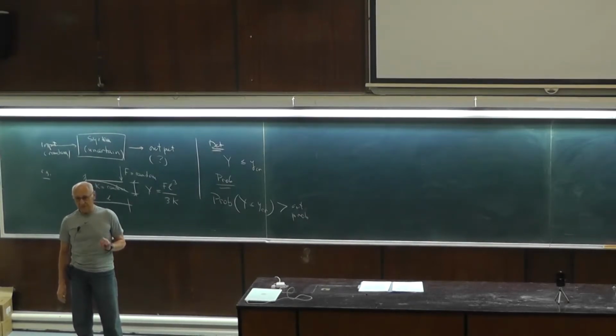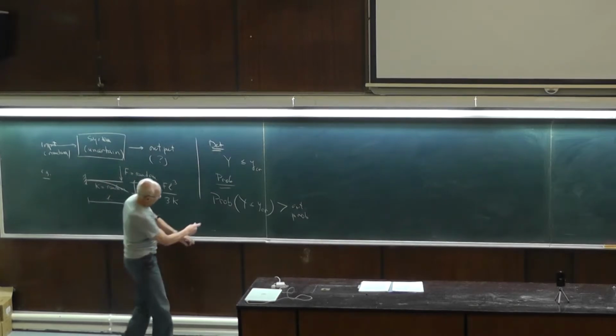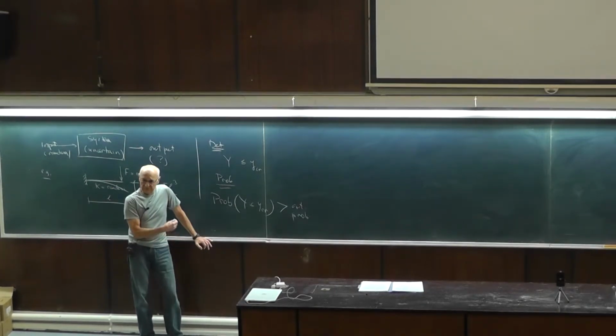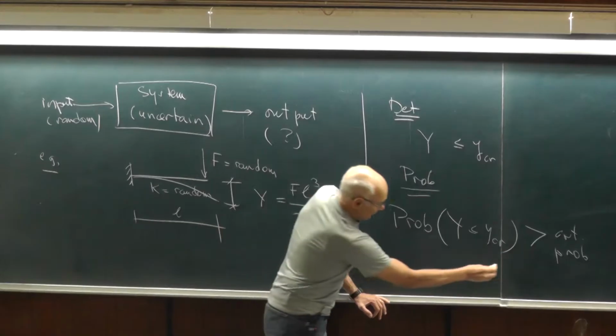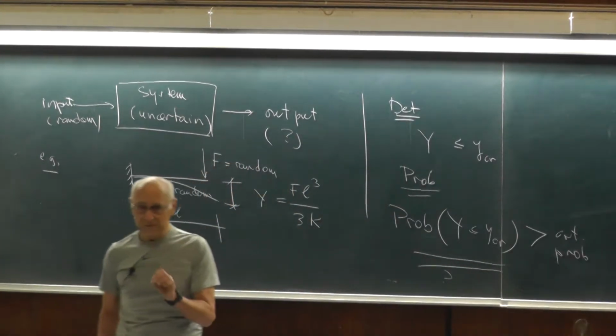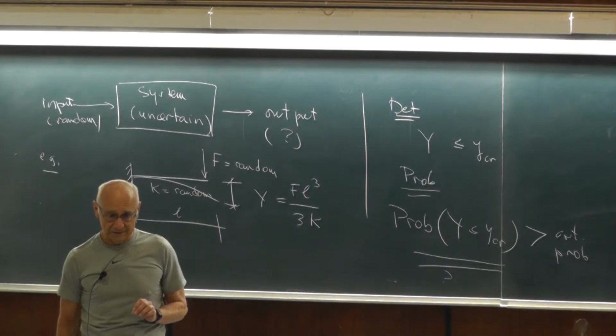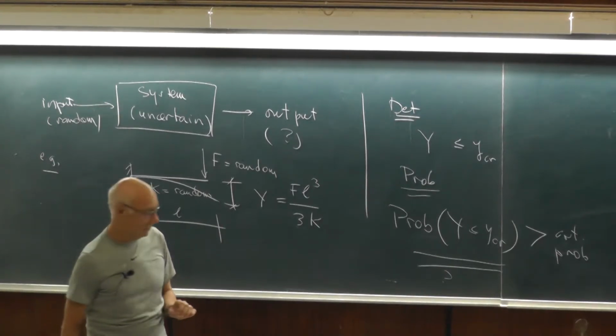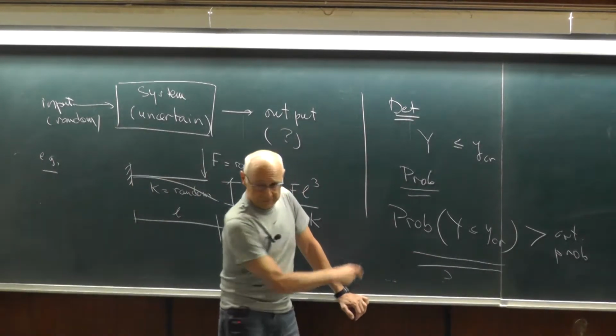So this is a setting we are going to discuss today. And in order to satisfy this condition in a stochastic probabilistic setting, we have to understand how to calculate this thing. So this is our objective today, to construct tools to do these calculations.